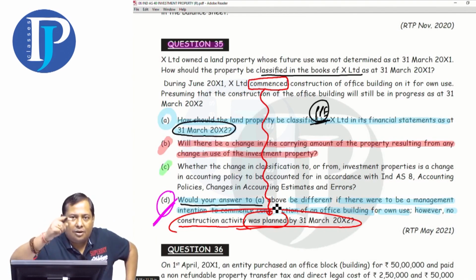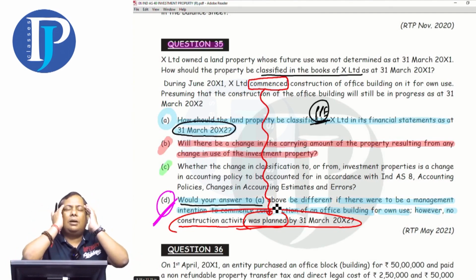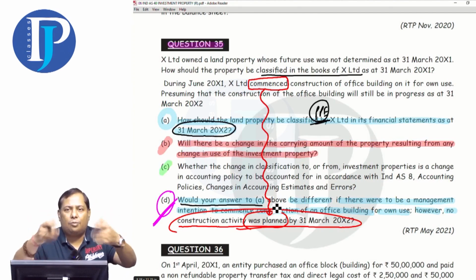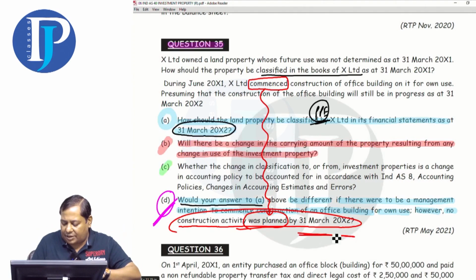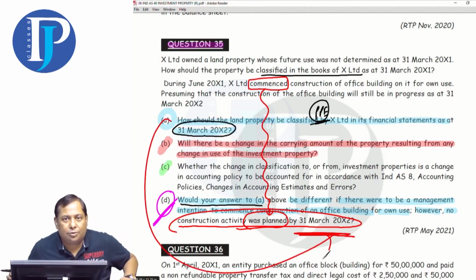The start of construction marks the beginning of the action itself. The change of classification is definitely there. You are just planning and you haven't even started the planning. The intention is to build an office building. However, construction neither started nor was there any planning. And now tell me on March X2, will your response be any different? Answer will change.